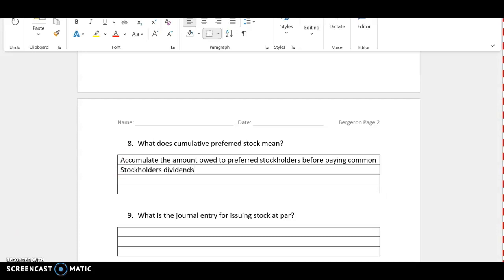This is what we did when we practiced those cumulative preferred stock. We figured out how much preferred got, how much common got, and then figured the dividend per share, which is when we took the dividend and divided it by the number of shares.